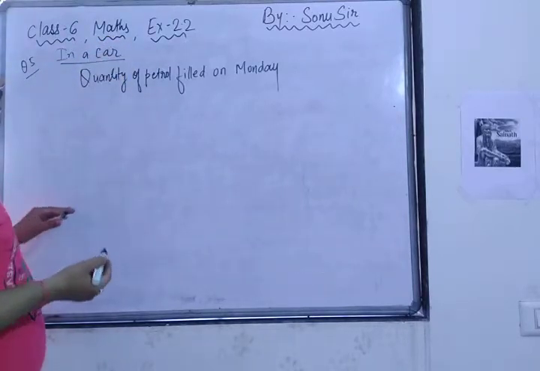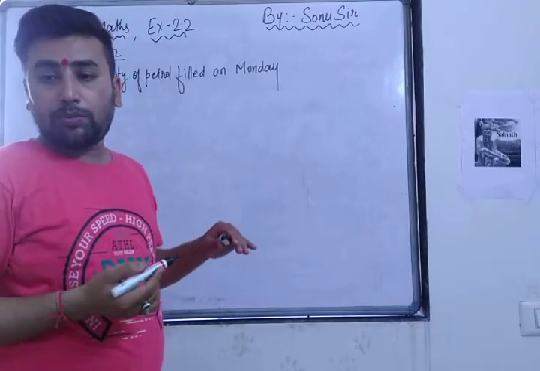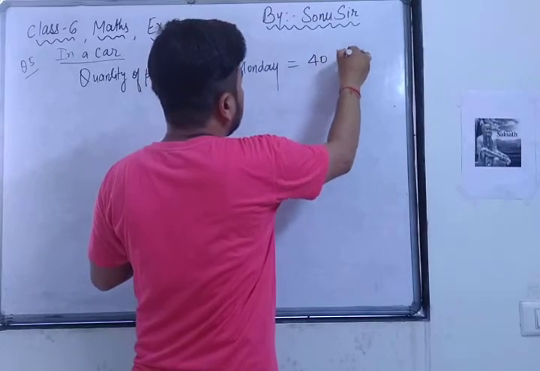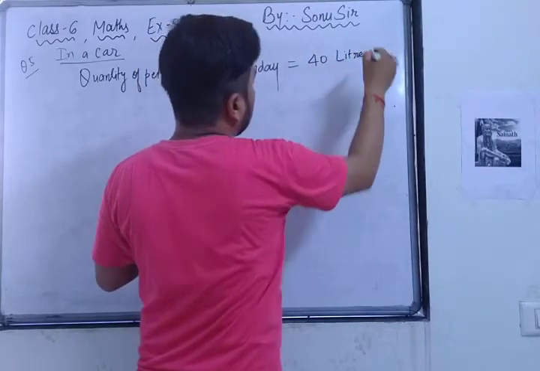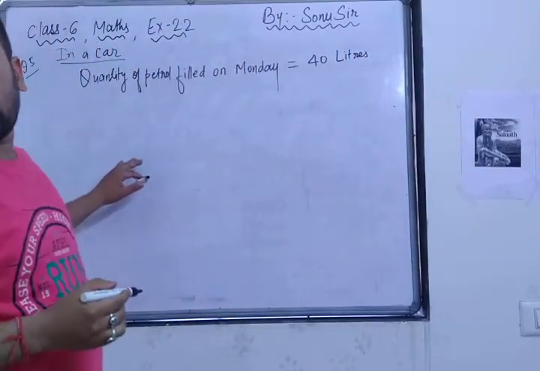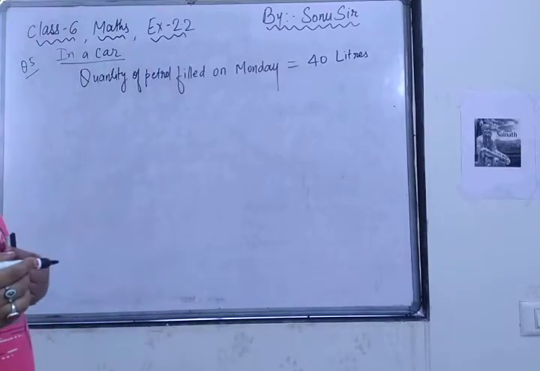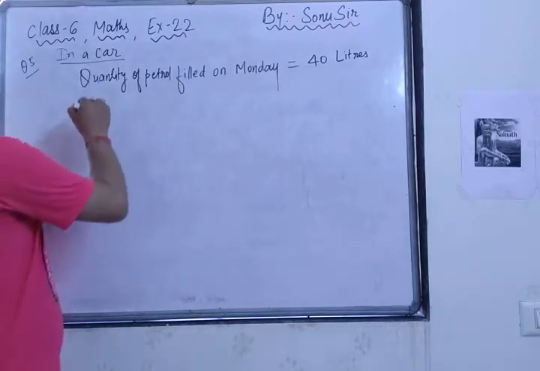In a car, quantity of petrol filled on Monday, how much? 40 liters. Got it? And next day means on Tuesday, so quantity of petrol filled on Tuesday is 50 liters.